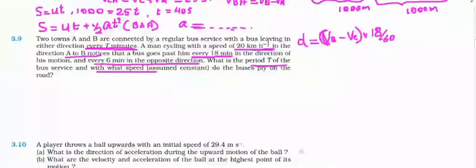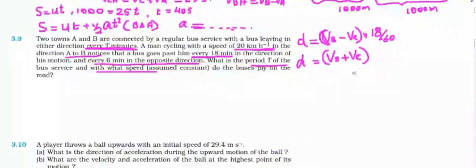Okay. Now again, we can calculate the distance traveled by the bus in the opposite direction between two successive overtakes. So how much will it be? That will be VB plus VC, because the bus and cyclist are traveling in the opposite direction.